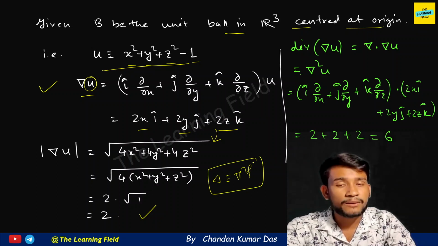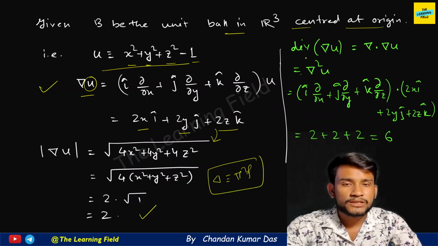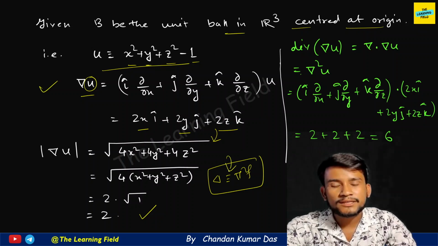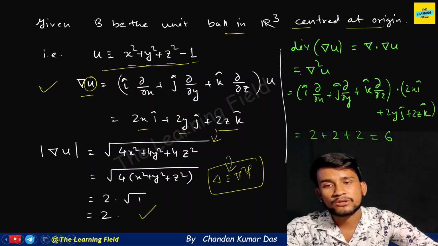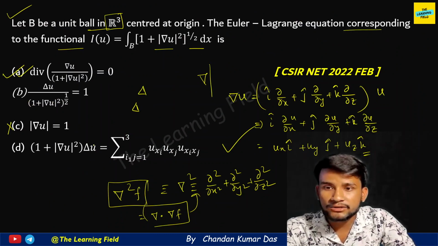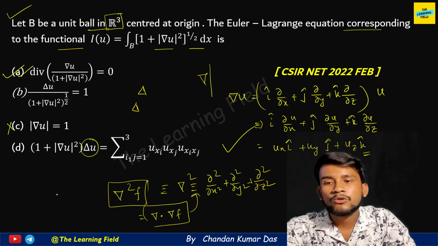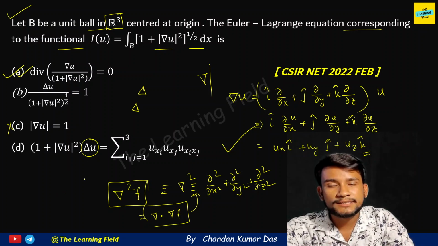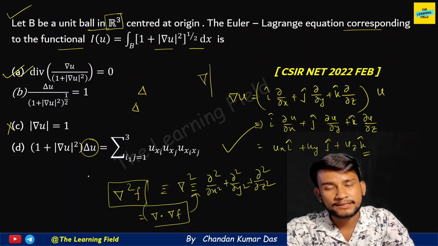Then what happens? If we take this, then the answer for option D, where also the forward del u is given, will be matched.